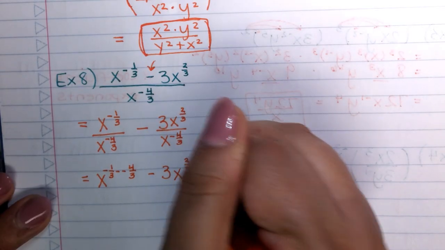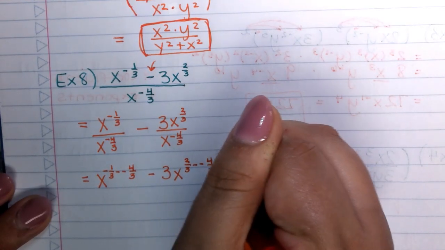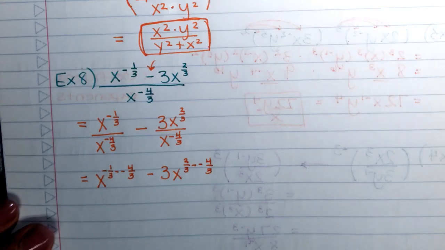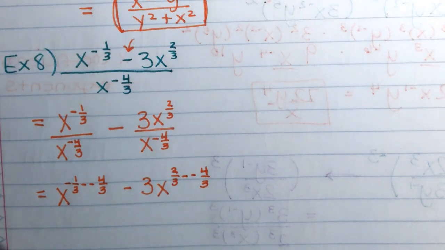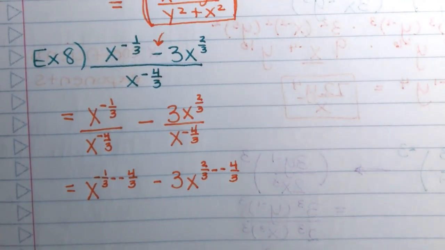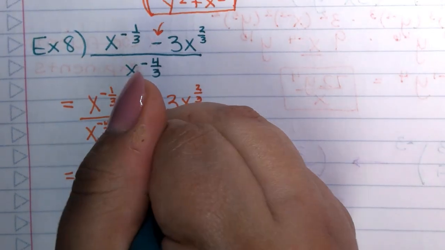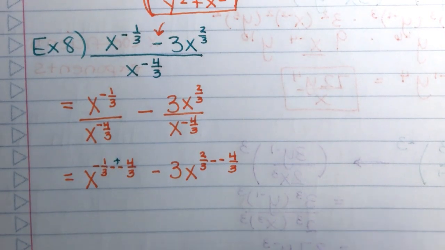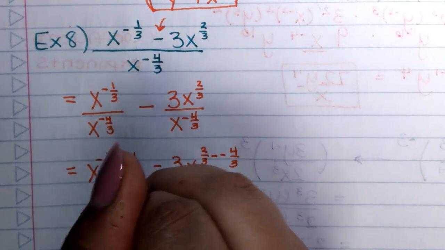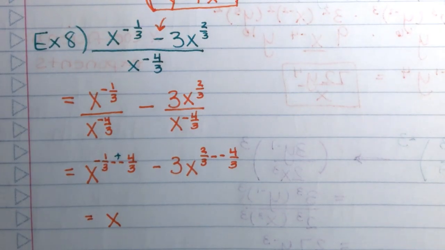And what is 2/3 minus negative 4/3? Do I need to zoom in? Yeah, so they end up adding. What is negative 1 plus 4? 3. And what's 3 divided by 3? So this is just x.